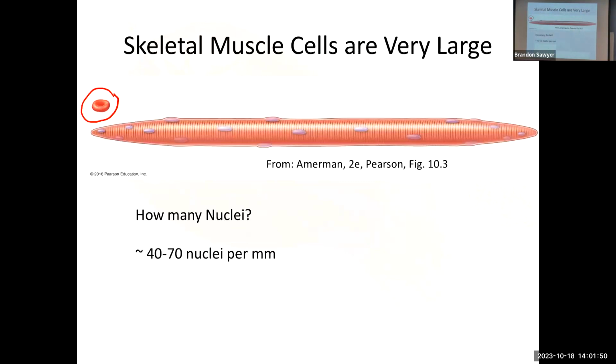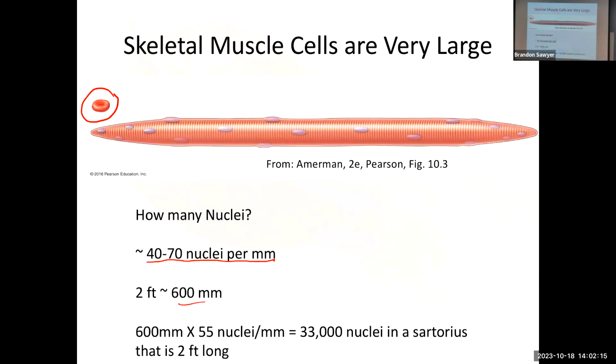This is just some calculations I did one time, just for fun, to see how many nuclei actually are in a typical muscle cell. It's about 40 to 70 nuclei per millimeter of size, okay? Again, this is just for fun. You're not going to have to reproduce these calculations, but if we take that 2-foot long muscle cell in the sartorius, that's about 600 millimeters.